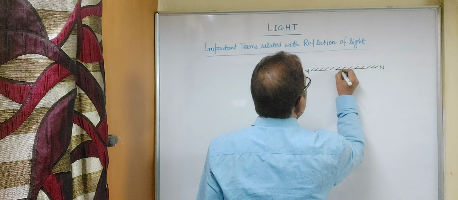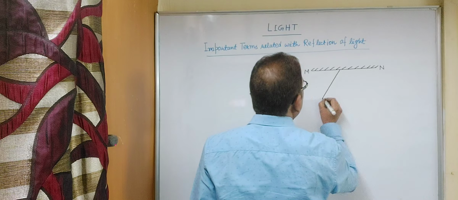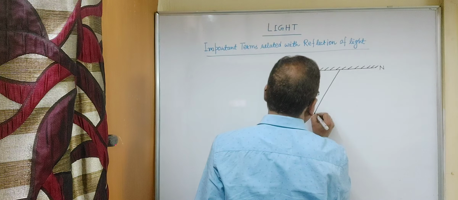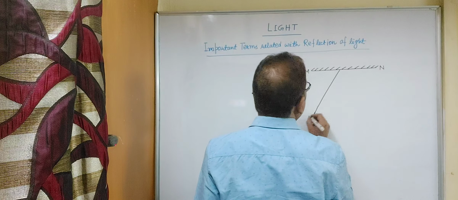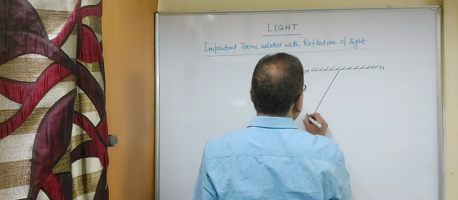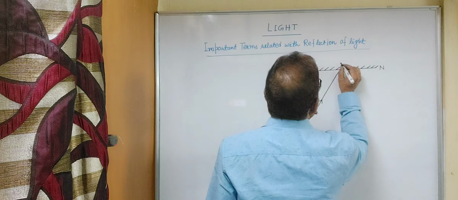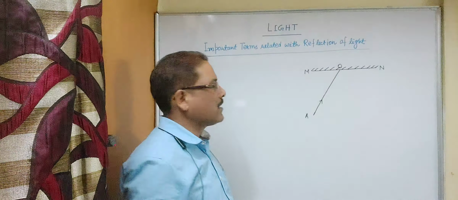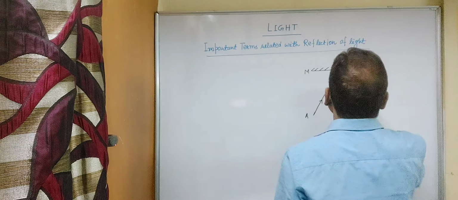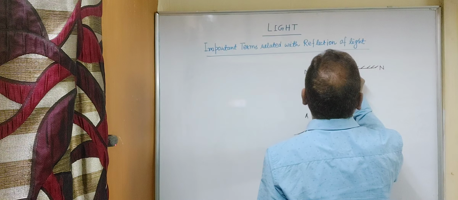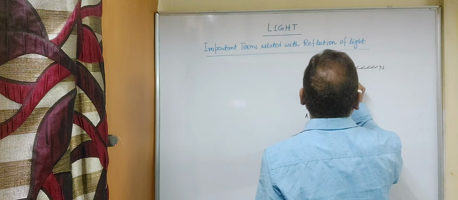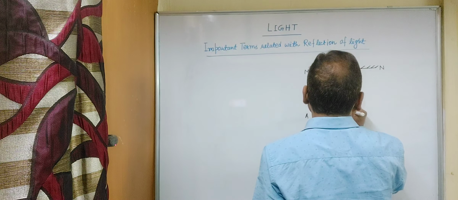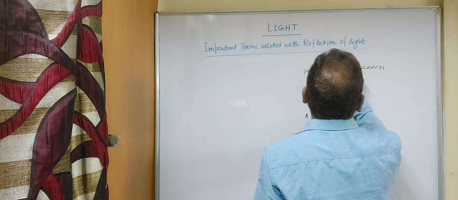A ray of light is incident on it. Let AO be the ray which strikes the mirror surface at point O. At point O, we draw a dotted line. This line is called normal.